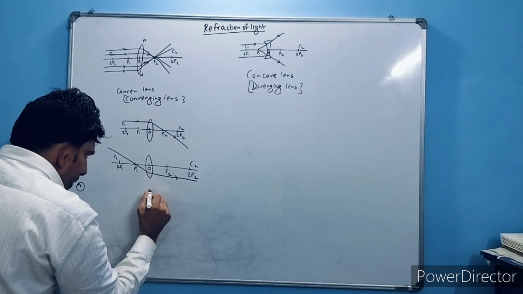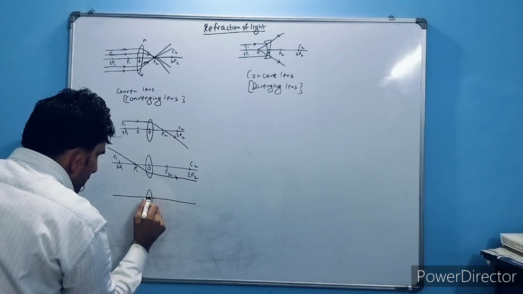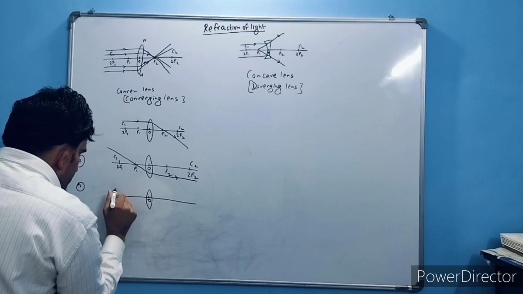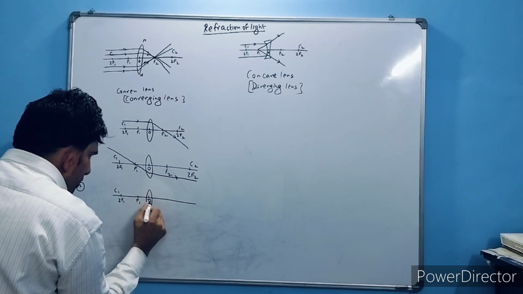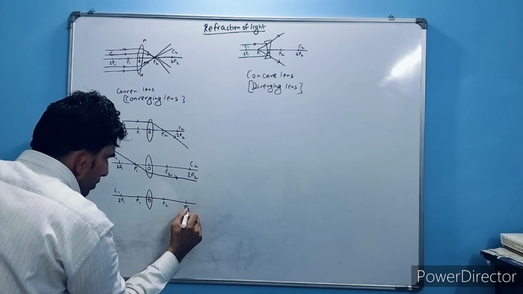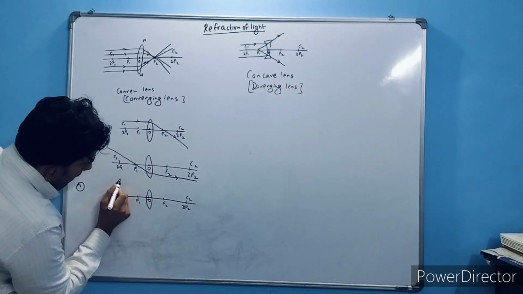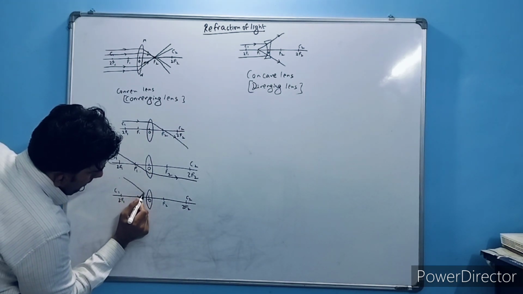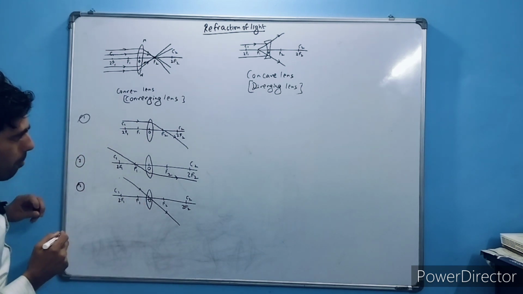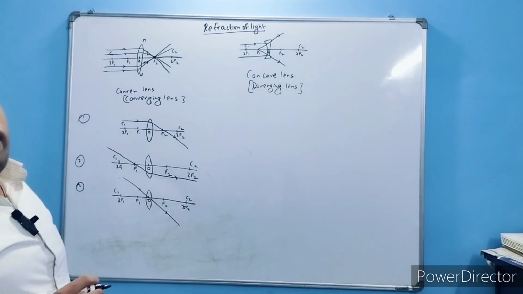Now the third principle is when the ray passes through the optical center, it emerges without any deviation.